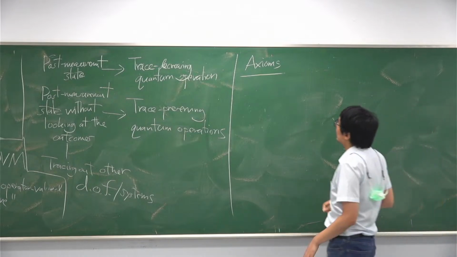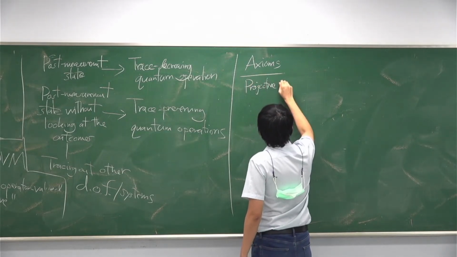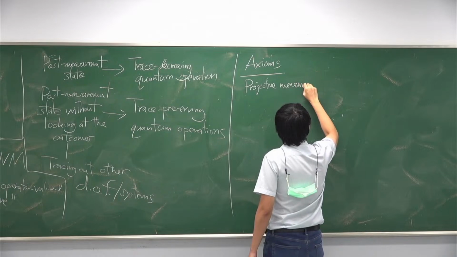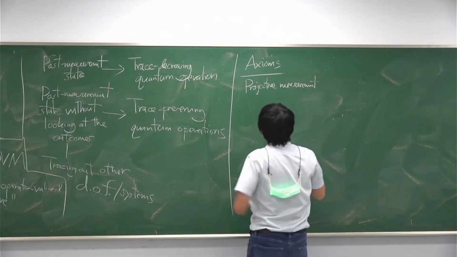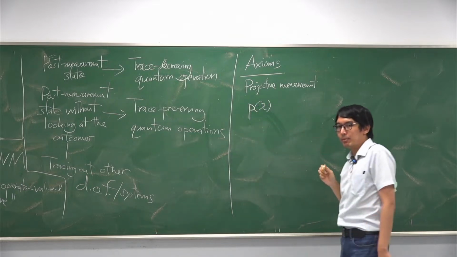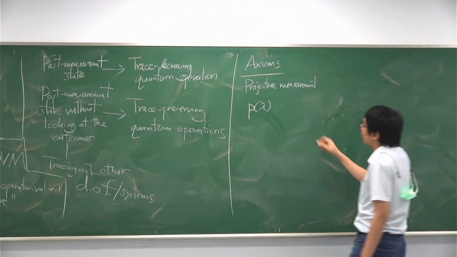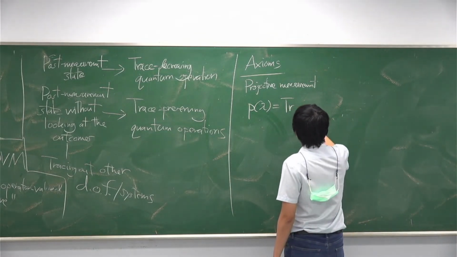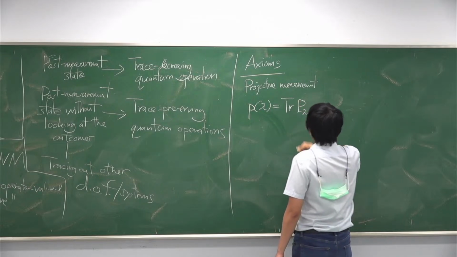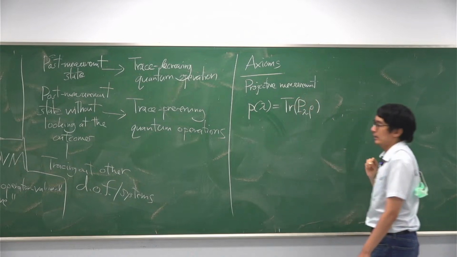So here for projective measurements, the probability of obtaining an outcome lambda, and I use lambda because we usually think of it as an eigenvalue of an observable, is the trace of the projector corresponding to the outcome lambda with the matrix rho.